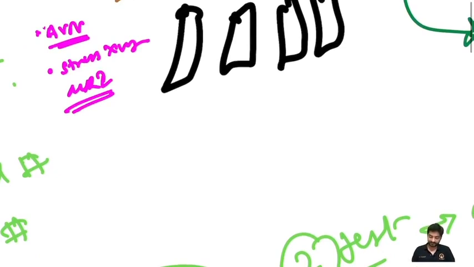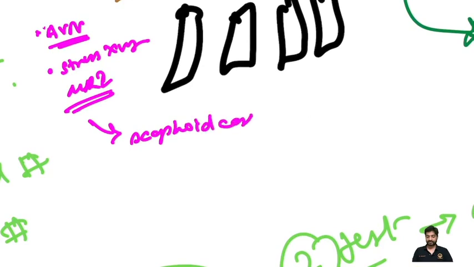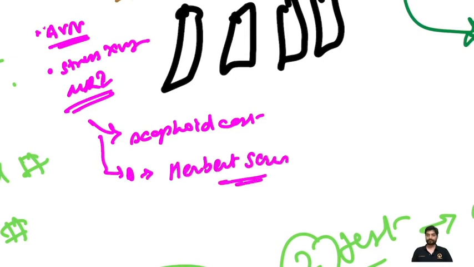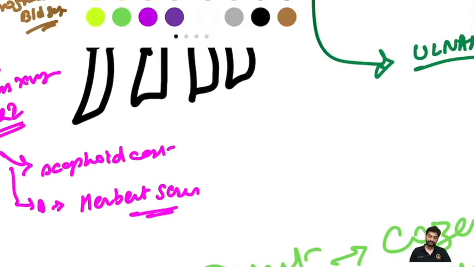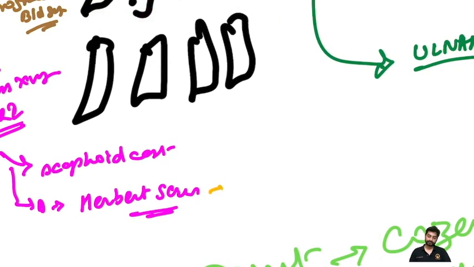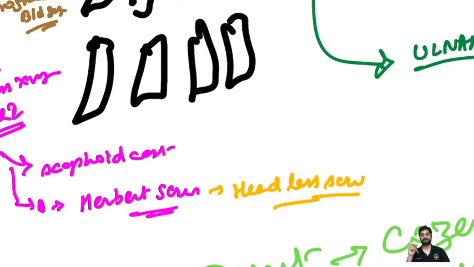In an undisplaced fracture, a scaphoid cast will be used, and in the case of a displaced fracture, there will be fixation with the help of a Herbert screw. Herbert screw is also known as a headless screw, so both the fragments get compressed with the help of the screw.